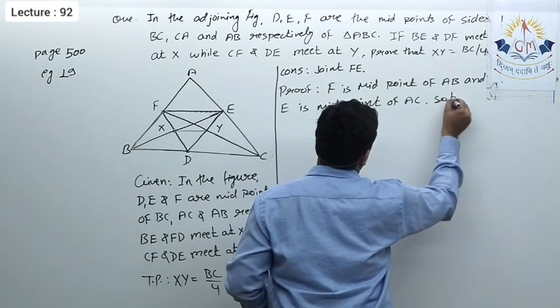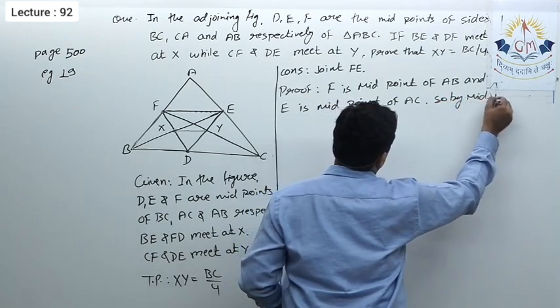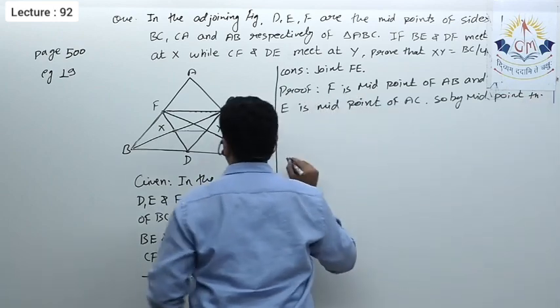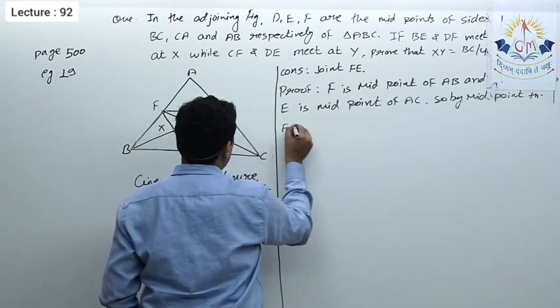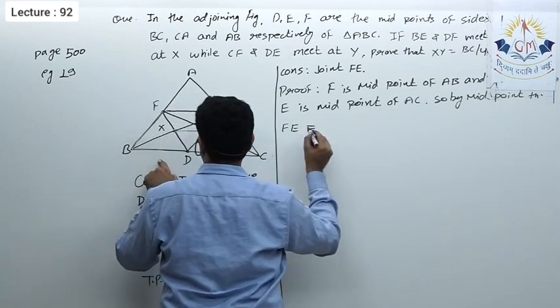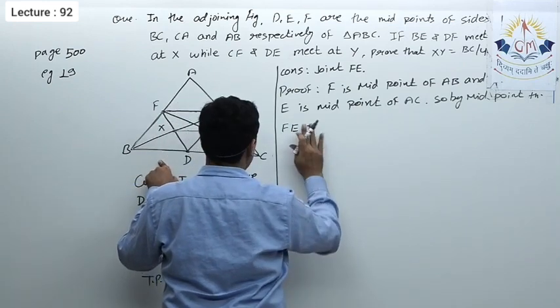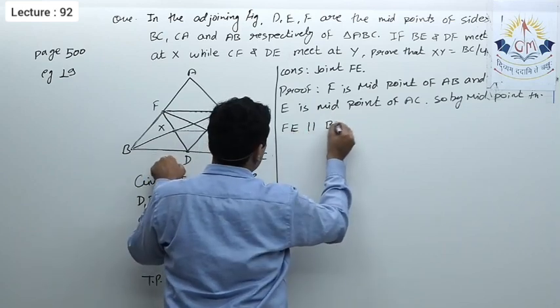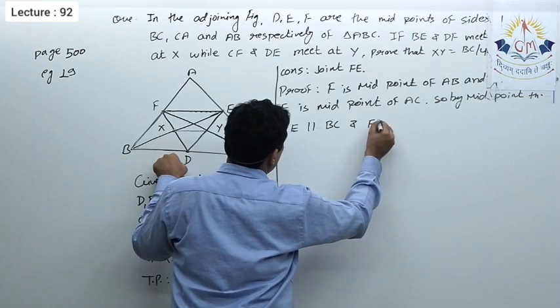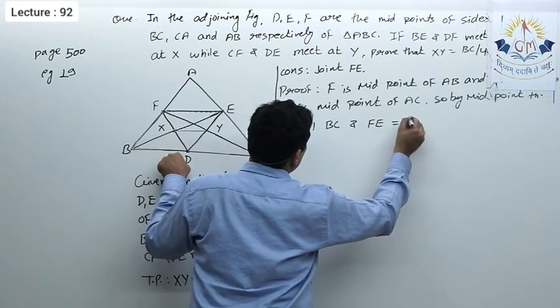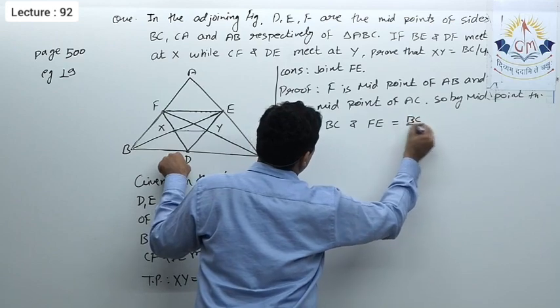So by the midpoint theorem, I can write FE parallel to BC, and FE equal to BC by 2.